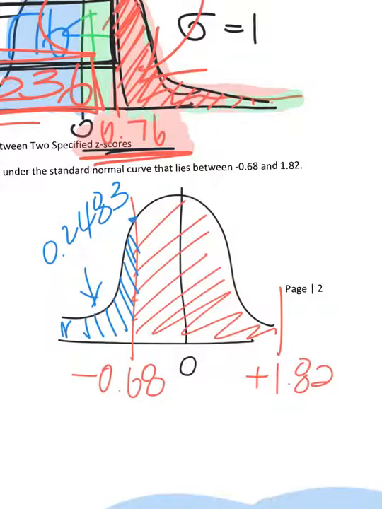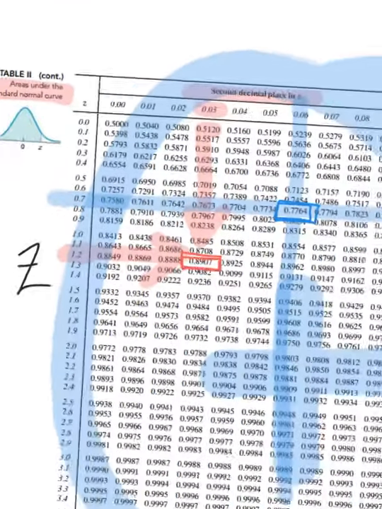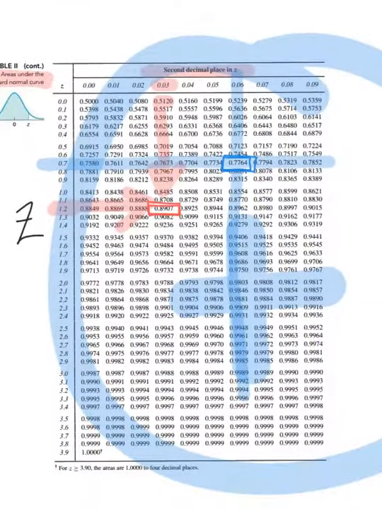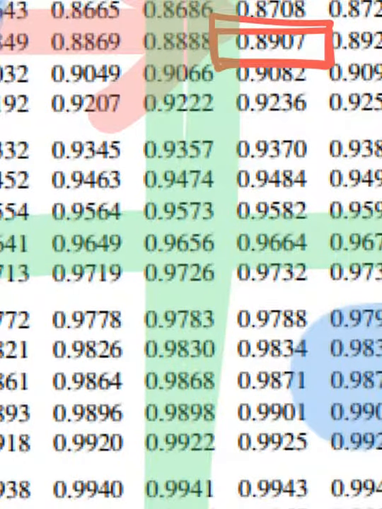Let me take the other one at positive 1.82. So go to this page, positive what? 1.82. We have to take 0.9656. Where is it?